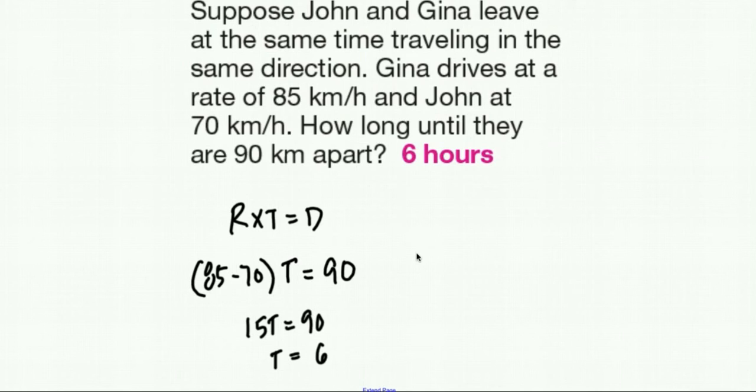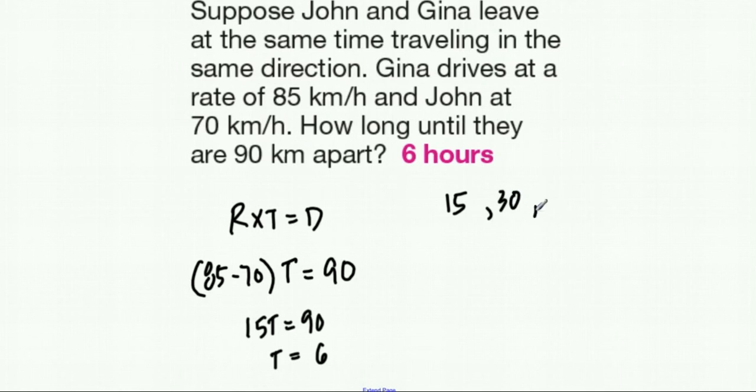Now, if you examine how to solve this, just visualize. One is traveling at 85 kilometers per hour and the other at 70 kilometers per hour. Let's check if our answer checks out. Every hour Gina drives 15 kilometers faster. So for the first hour, she is 15 kilometers ahead. For the second hour, she is 30 kilometers ahead.